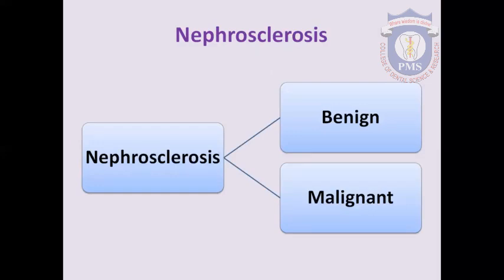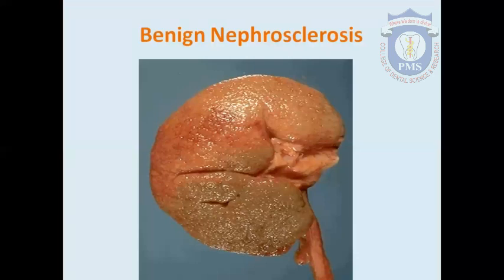Nephrosclerosis. This includes benign nephrosclerosis and malignant nephrosclerosis. This is a diagram of a photo of benign nephrosclerosis, where you can see granular depressed scars on the surface of the kidney.